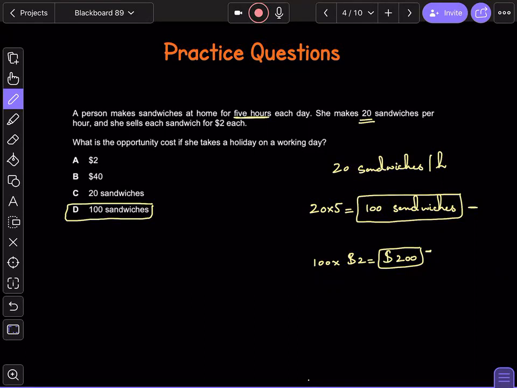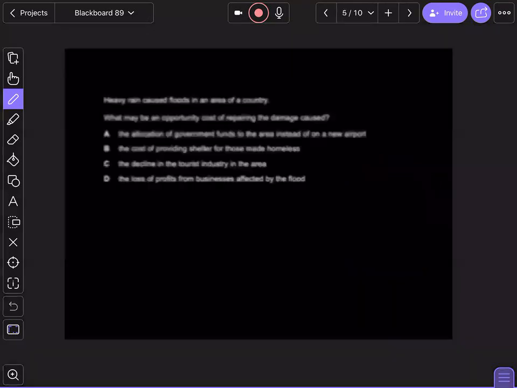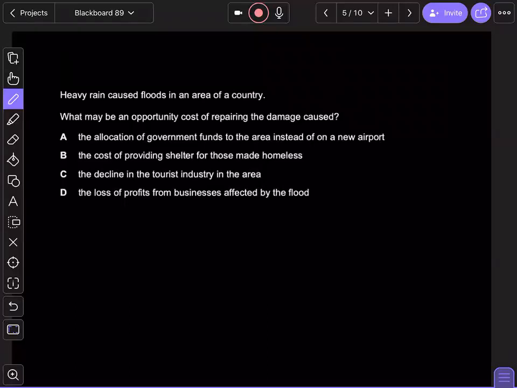Now let's look at the next question. Heavy rain caused floods in an area of a country. What may be the opportunity cost of repairing the damage caused? So now if funds are allocated for repairing the damages, then the funds are not utilized elsewhere.